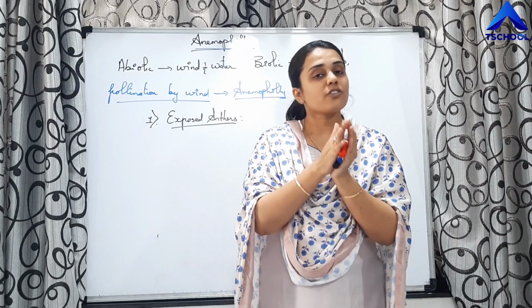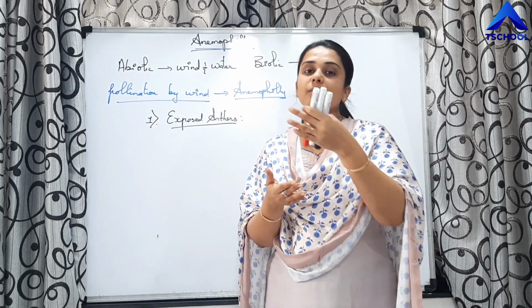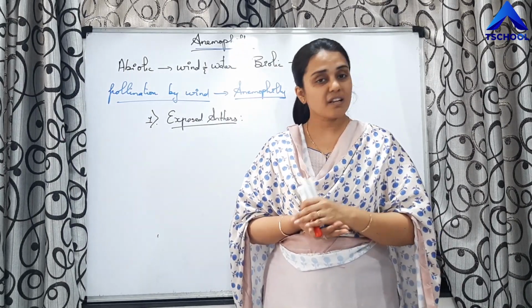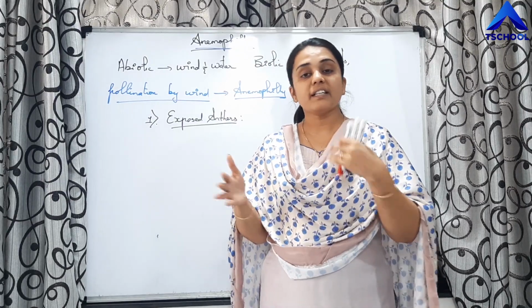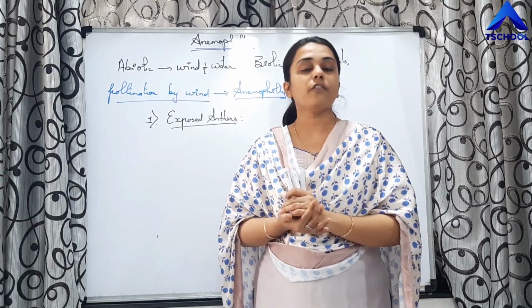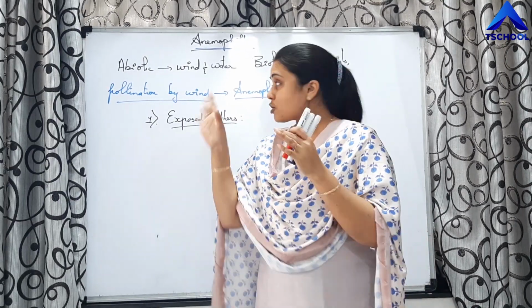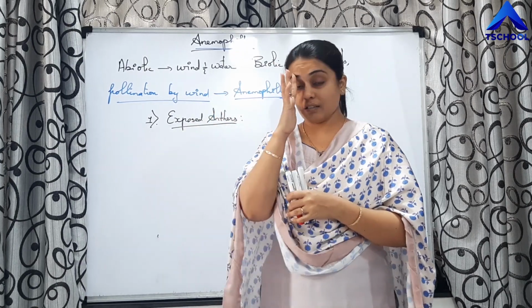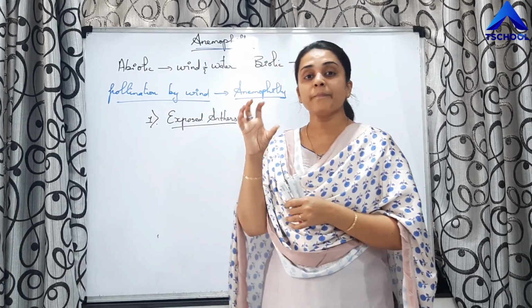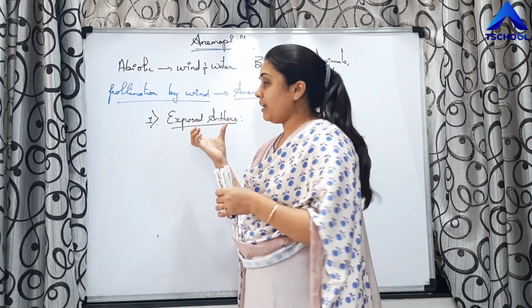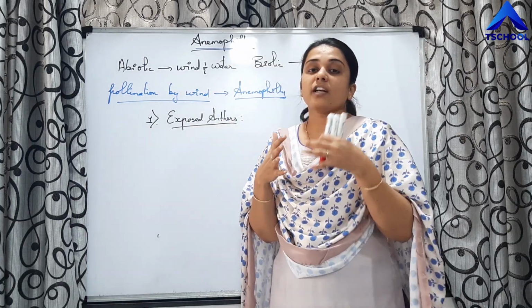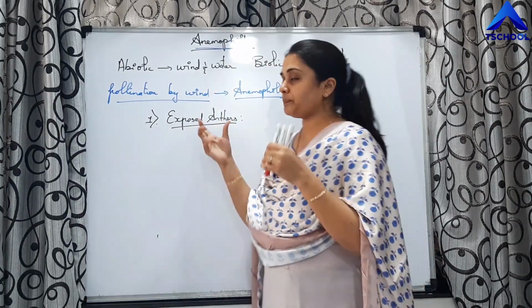If the direction of wind is proper, then the pollen grains will come and rest on the stigma. If it is not proper, then there will be wasting of lots of pollen grains. So this wind factor which is helping in pollination is a chance factor, right? So what are the different things which are required to favor anemophily?